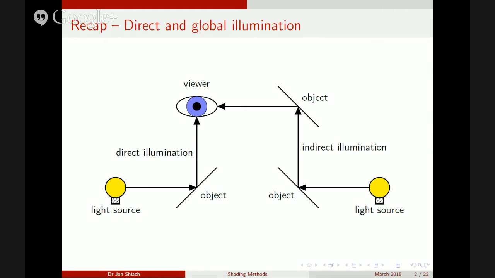So dealing with all of the inter-object reflection and all those light rays bouncing around will be too computationally expensive. So we simplify it. We only deal with direct illumination in direct models. Global models such as ray tracing are fine. They're used in things like movies, but for computer games, we tend to use direct illumination models.